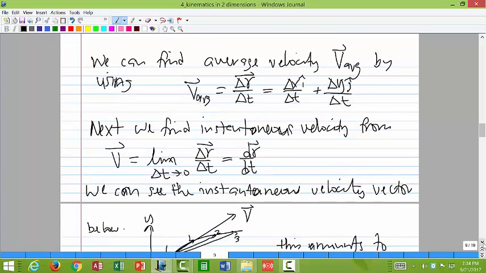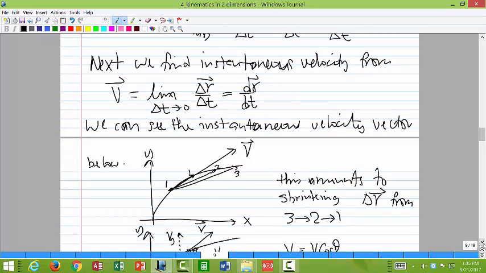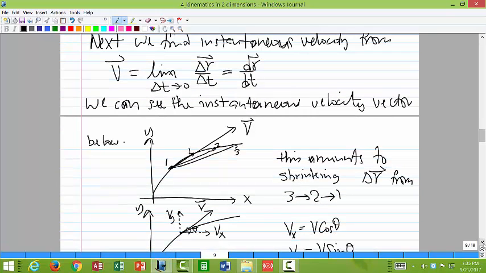Suppose we wanted to find instantaneous velocity for this object. We can define instantaneous velocity as the limit, as the time is shrunk to 0, of the average velocity. So this just tells us that the instantaneous velocity v is just the derivative of the displacement vector, dr dt. So in the xy plane, we can look at the instantaneous velocity vector below by thinking of the three positions 1, 2, and 3, where 3 is the widest displacement.